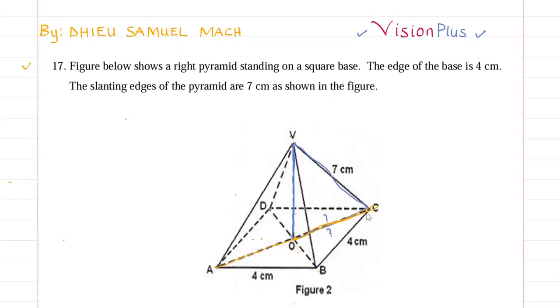We don't know OC, but OC is half of AC. How can we get the distance AC such that we can get its half and then use it as OC?